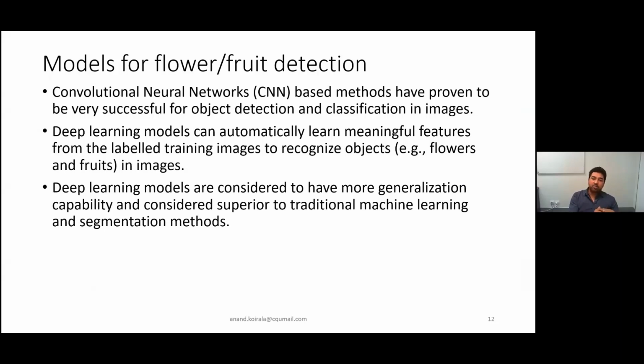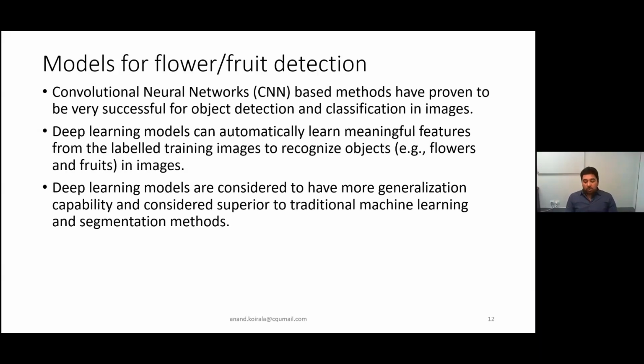And these deep learning models, if you just label the data and show them what it is, can learn themselves through the machine learning process. They will learn what features they need to predict the output correctly.